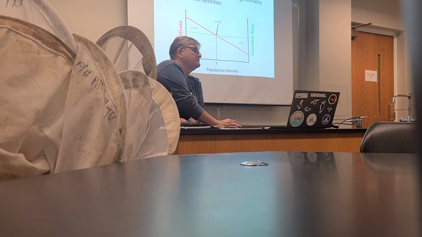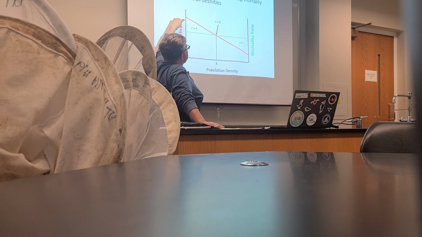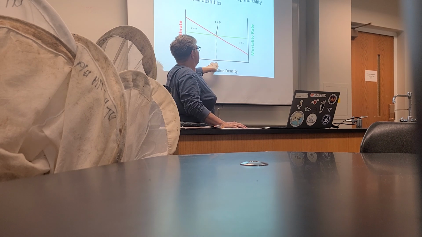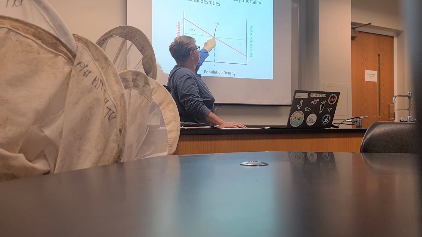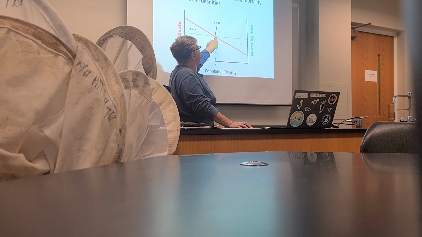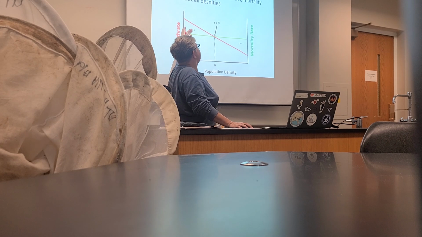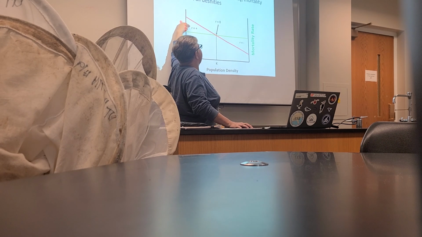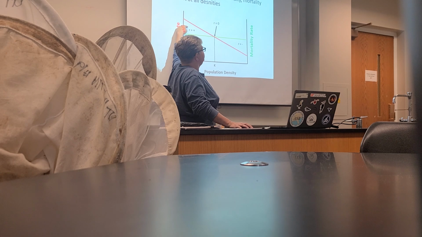So this is realistic in that regard. And so again, wherever our carrying capacity is on the x-axis, where these two lines cross, that's going to be at carrying capacity. Our growth rate is going to be 0. Our mortality and our birth are balanced. If we're below the carrying capacity, our birth rate is higher than mortality, and the growth rate is positive.